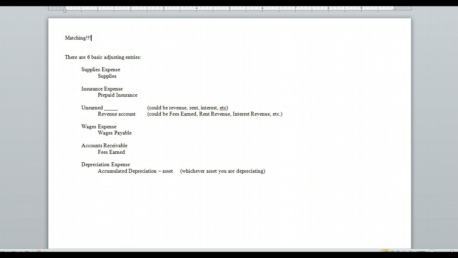And remember, these are a planned part of the accounting process. It doesn't mean that we made a mistake and we're trying to fix something. Almost all companies have these, and they will do them at the end of their accounting period. So I've got listed here our 6 basic adjusting entries.